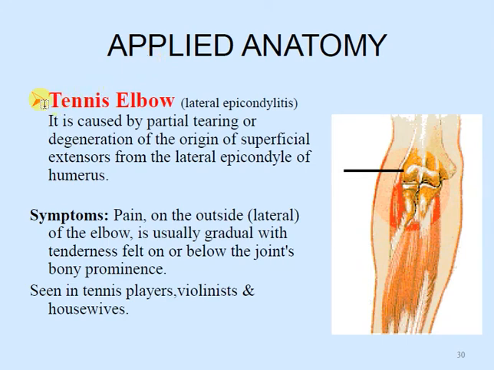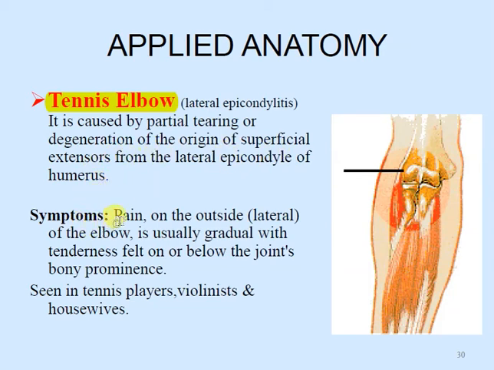We have tennis elbow, tendinitis of the elbow, and here it is because of lateral epicondylitis. That means inflammation of the lateral epicondyle. It is caused by partial tearing or degeneration of the origin of the superficial extensors from the lateral epicondyle of the humerus.